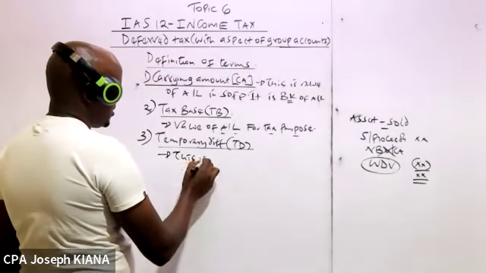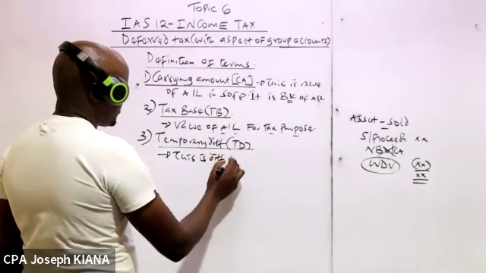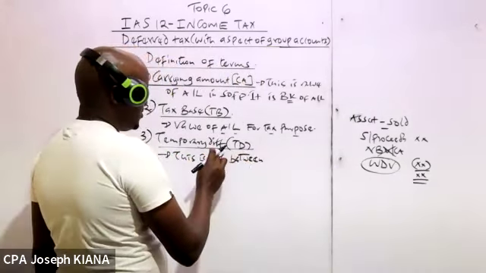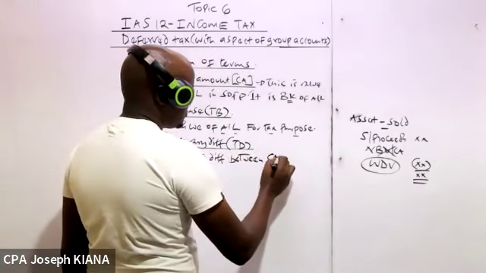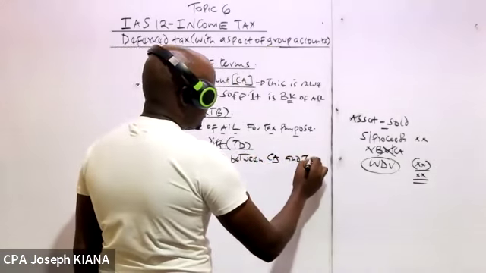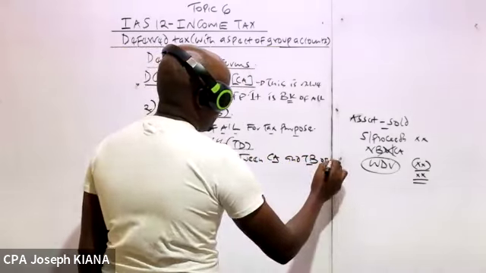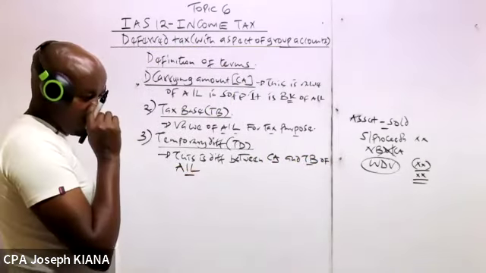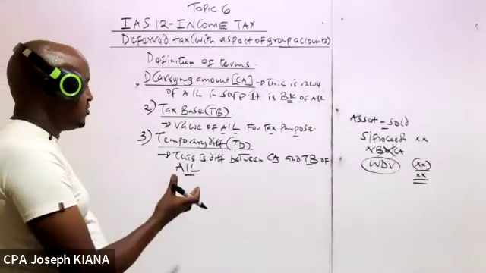So this is the difference between the carrying amount and the tax base of an asset or liability. Any difference between those two values.